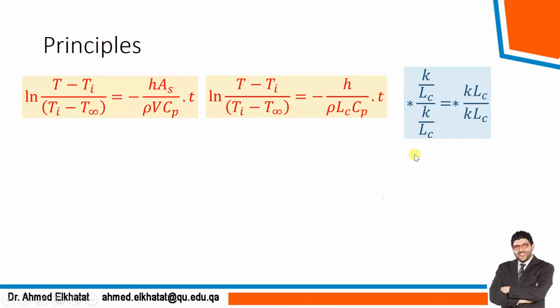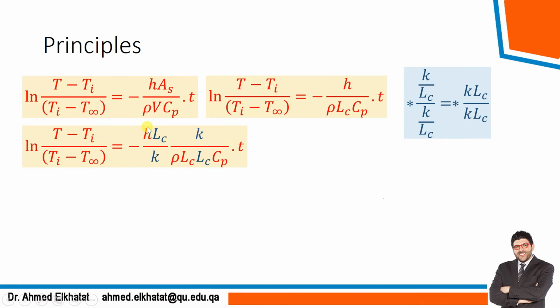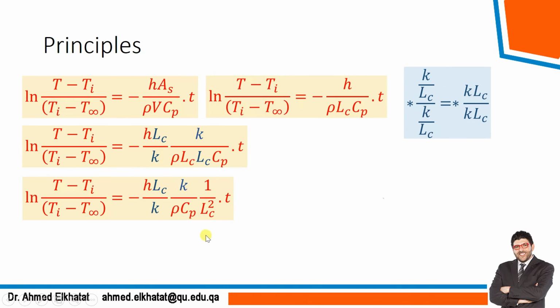So let's see what will happen when I include the effect of the conductance here. It will be h Lc over k times k over rho cp Lc again. So we have two Lc from here. The red one is from the previous equation, and the blue one from the new values. Lc times Lc will be Lc squared.